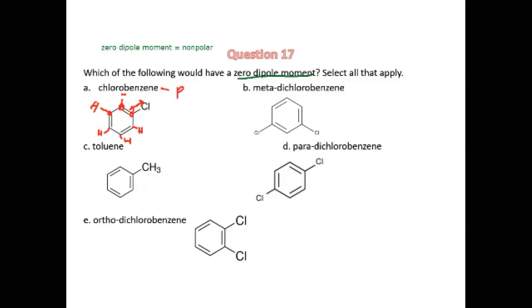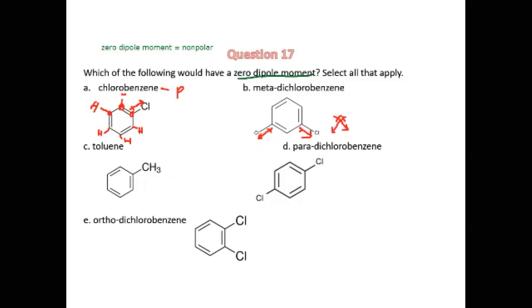Next, we go to meta-dichlorobenzene. And so here we have 2 carbon-chlorine bonds. And they're both polar. And the way we know they point towards the chlorine is because chlorine is more electronegative than carbon. Now, if we overlap these 2 dipole moments, you see that they do not cancel.